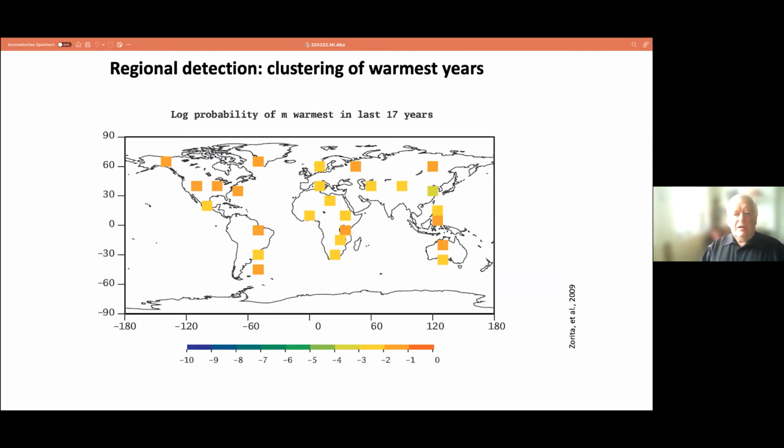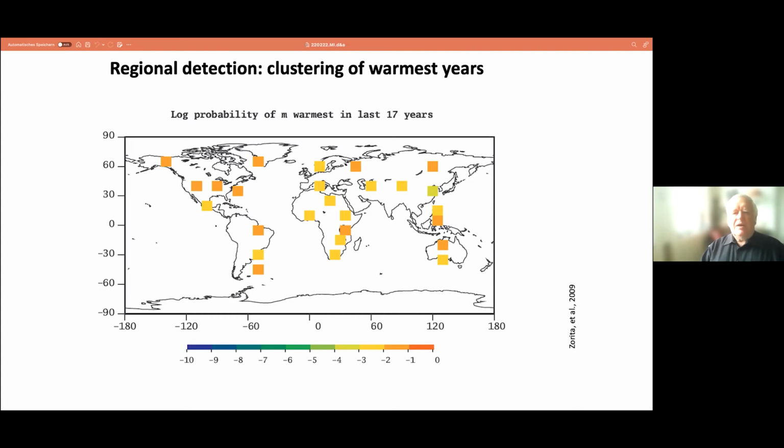Here we have something, and I should have added a few more details. In particular, I should have said what the mysterious M is. Here we determined how many... It was noticed in IPCC report number 5 or so, or maybe 4, that we had a clustering of the warmest years in the last 17 years, something of the order of 13 or 14. And so the question was, how probable is it that we have these?